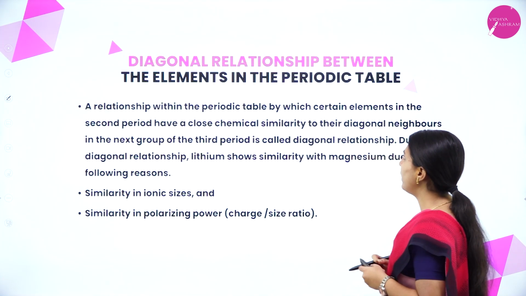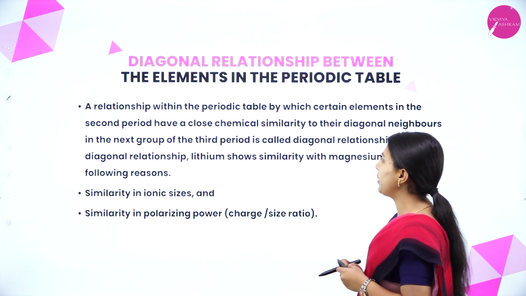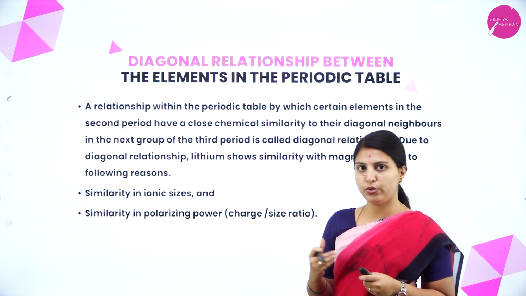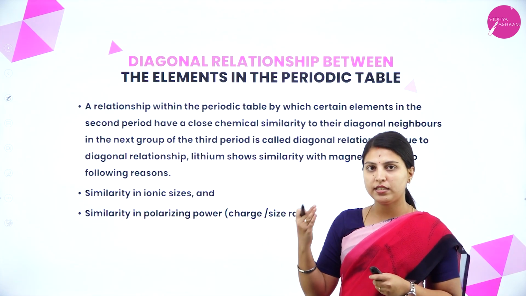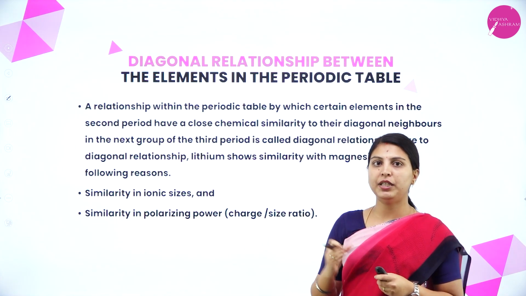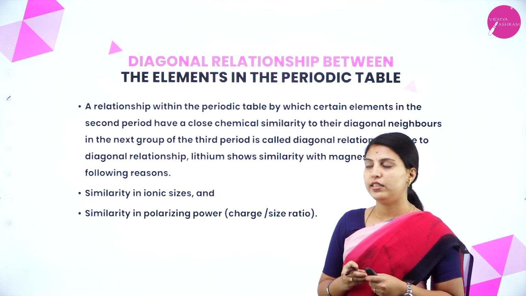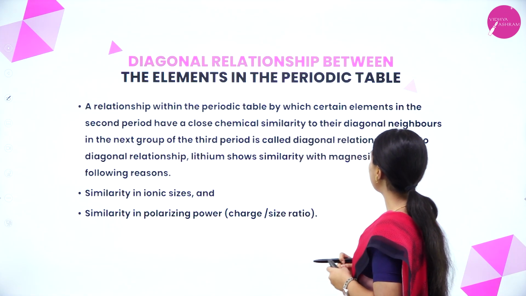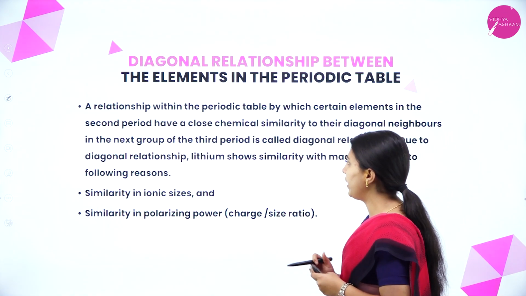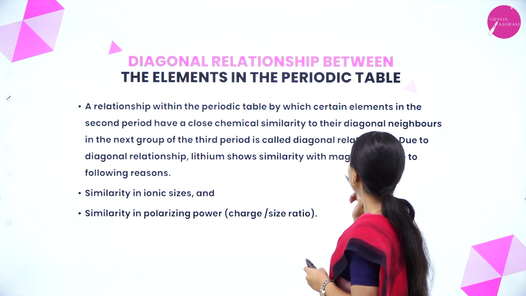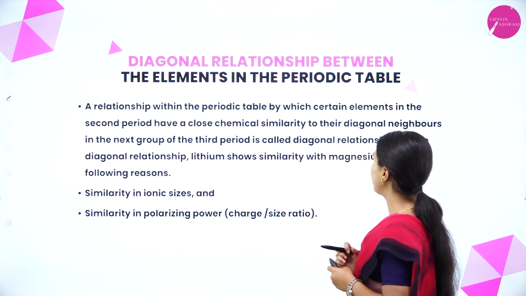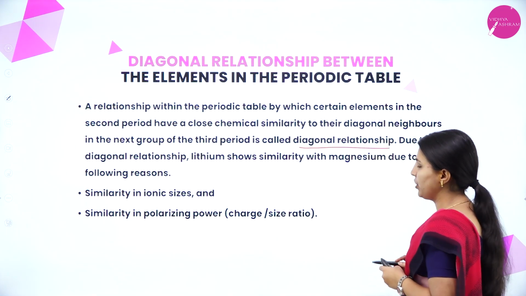Next, we'll see the diagonal relationship between the elements in the periodic table. Diagonal relationship: you know that an element which is diagonally placed to another element shows similarity in the periodic table. A relationship in the periodic table by which certain elements in the second period have a close chemical similarity to their diagonal neighbors in the next group of the third period is called diagonal relationship.